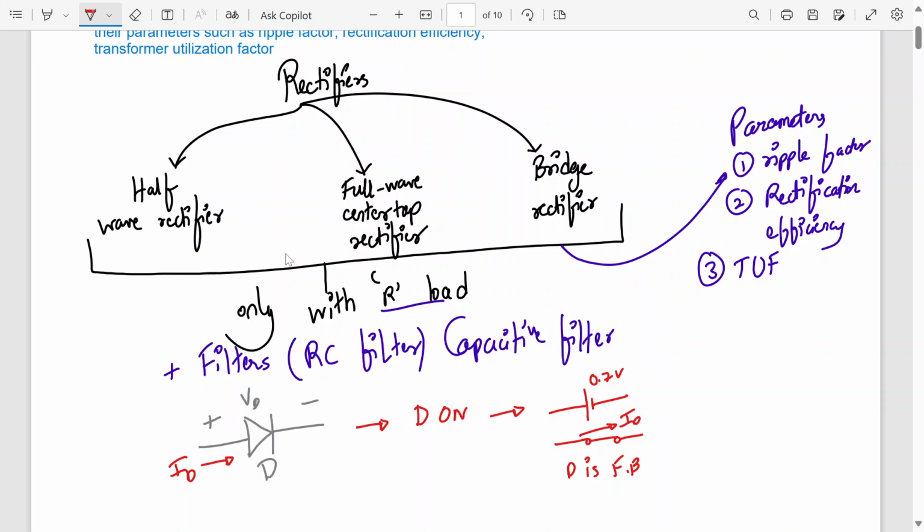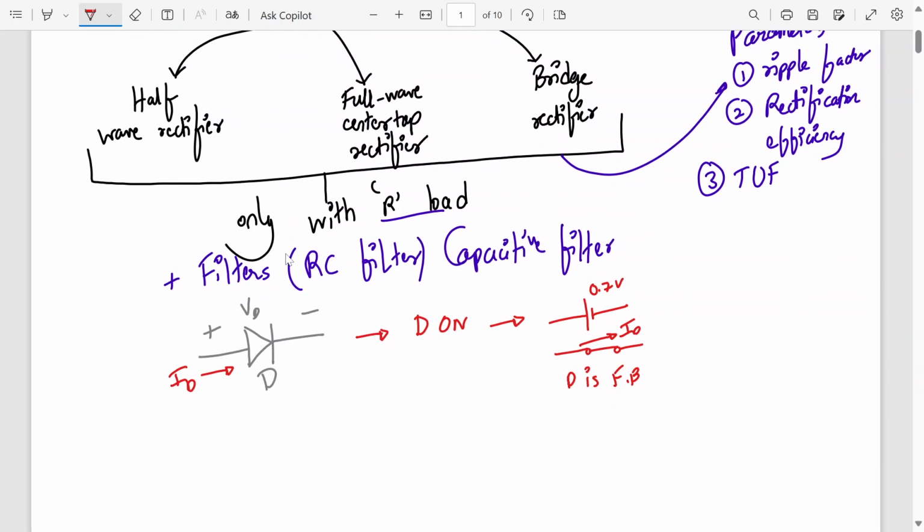The reason we assume it as almost like a closed switch is that we are dealing with rectifiers, where the voltages are very much greater than 0.7 volt. So we will be assuming that the diode is behaving as a closed switch, and then we'll study the analysis.